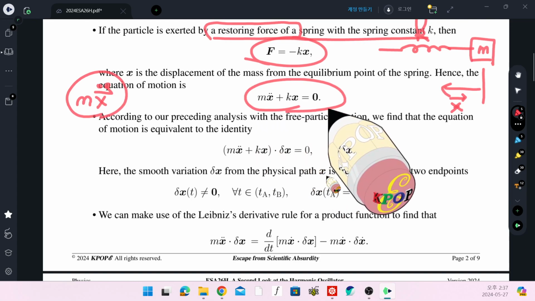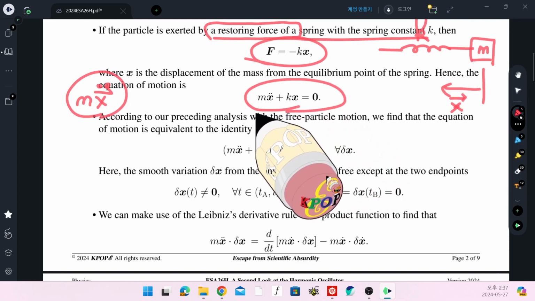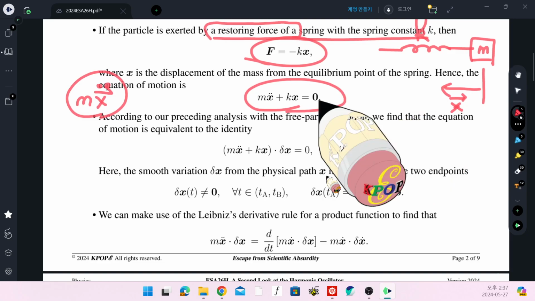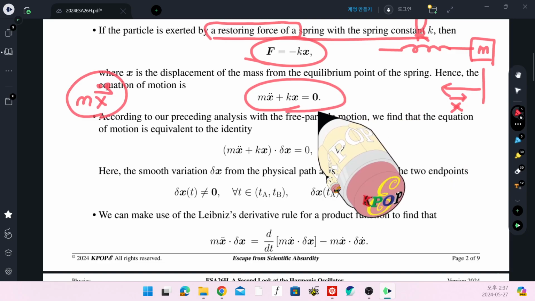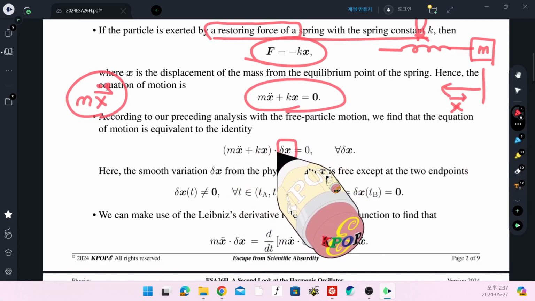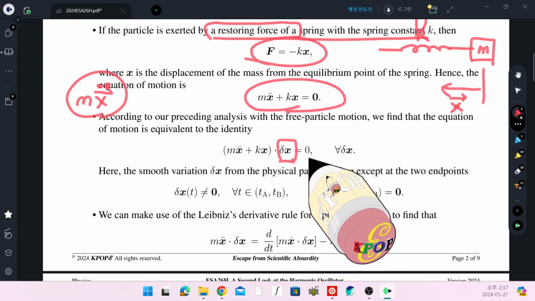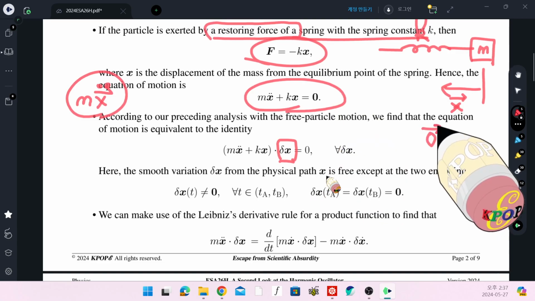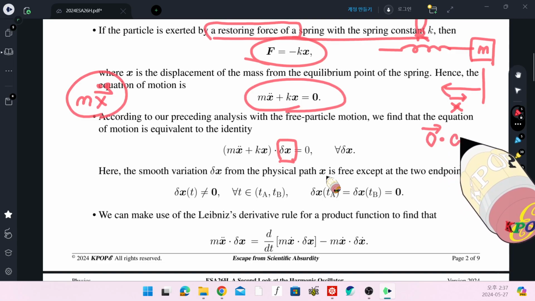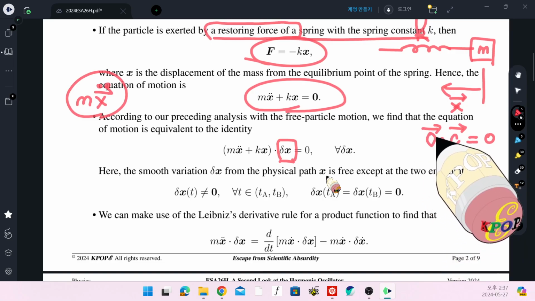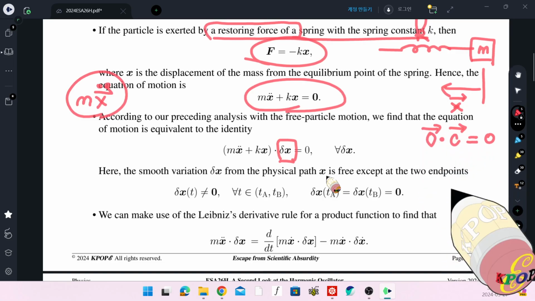Because this equation of motion is satisfied in any case, we can construct a slightly more complicated equation of identity. Whatever vector you may bring in, you can take the scalar product to find the right-hand side to be 0. Why? A 0 vector scalar product with some constant is 0, because the magnitude of the 0 vector is 0.